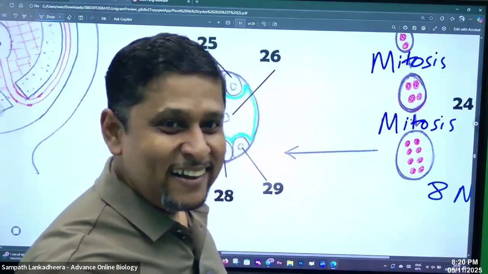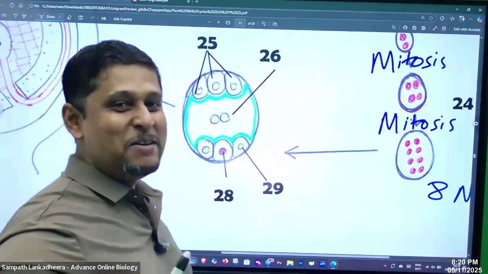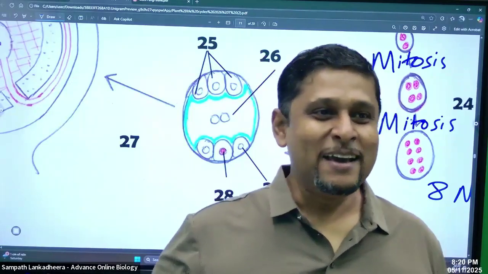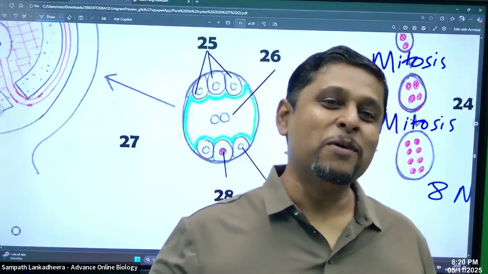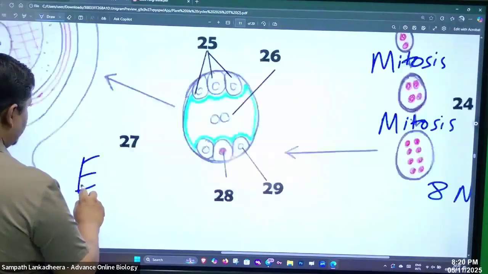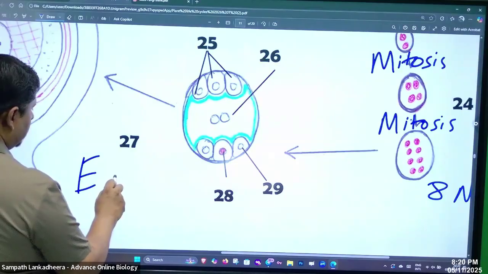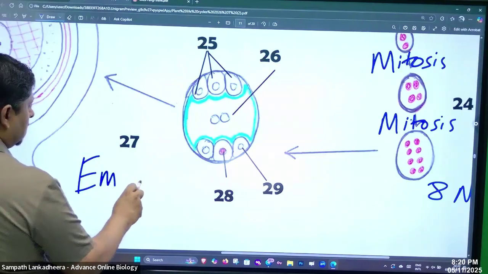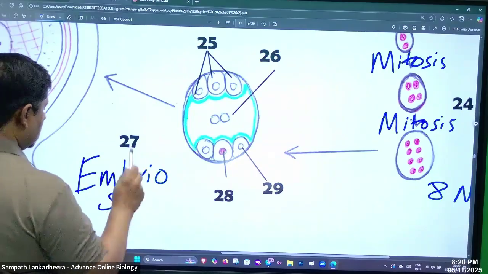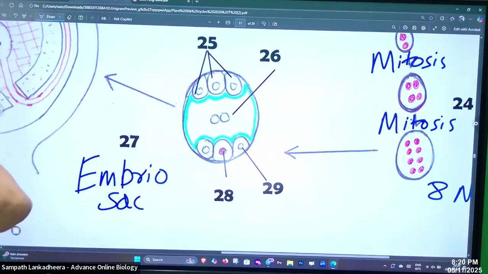Not embryo. It is not the embryo bag either. What do you call that? Embryo sac. So this is embryo sac.